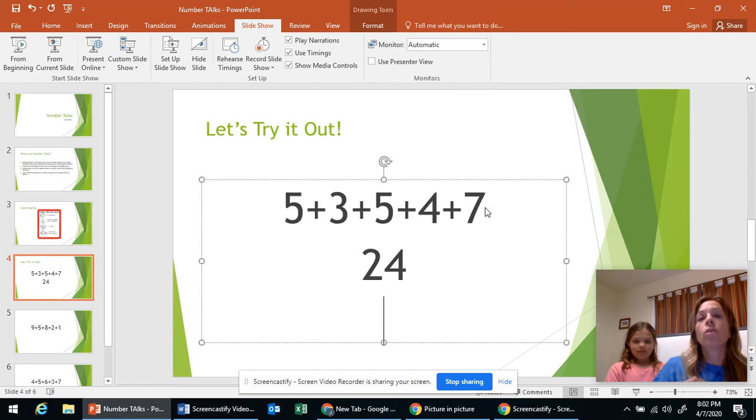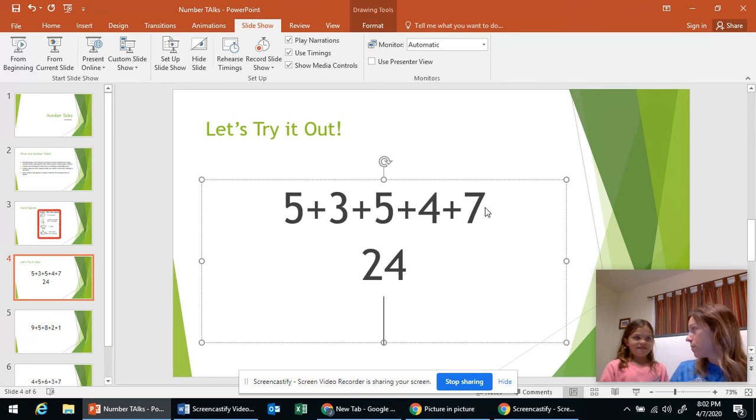But where the real magic happens is when you have the children explain, because this is all about what they think about math mentally. Let's face it, in the real world, when they're going into restaurants or fast food places, we don't want them to have to take out their phone to figure out how much they're getting ready to spend. We want them to be able to find the solutions quickly, efficiently, and proficiently. And that's what this is doing.